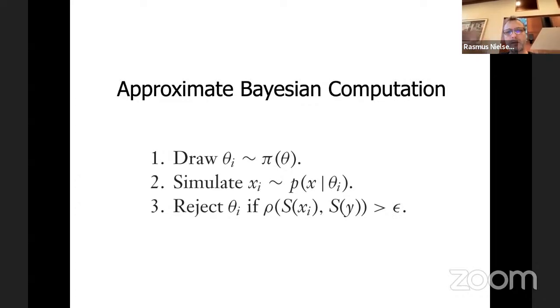So approximate Bayesian computation is more of a formalized way of saying, let's find models to simulate data under so that our simulated data look like the real data. You could formalize it like this, but that's basically all it is. It's sort of blindly simulating data, hoping to find models that can generate data similar to the ones you observe.